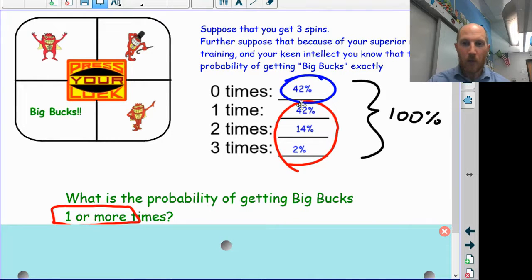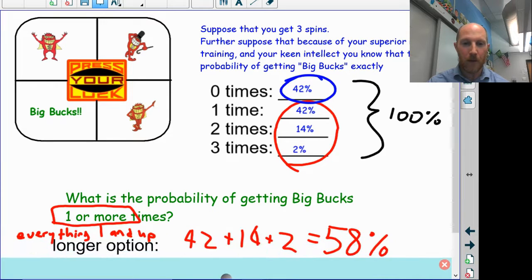So one approach would be to add together these different probabilities, everything from 1 and up, so 42% plus 14% plus 2% gives us a total of 58. A different approach would be that we know all of the outcomes together combined to make 100%.